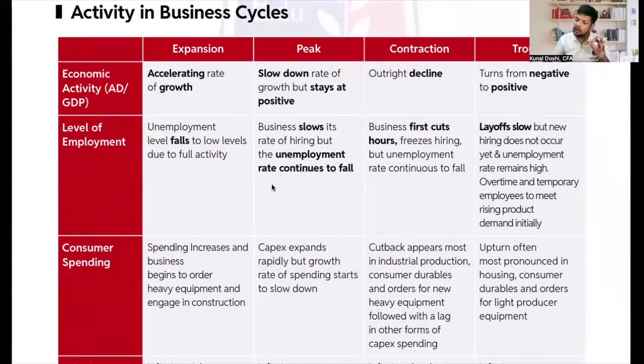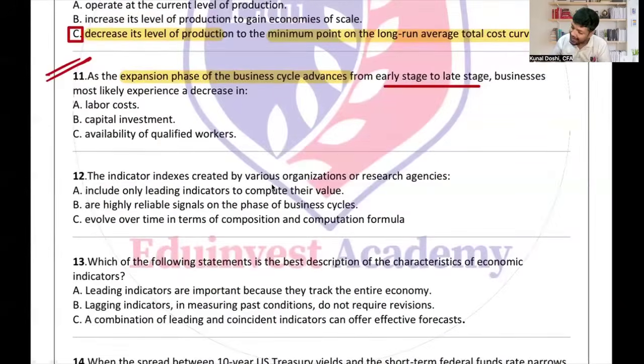So they're saying as the expansion phase advances from early to late stage, which is where the economy is going to peak, the business most likely experiences a decrease in labor cost, capital investment, or availability of qualified workers.